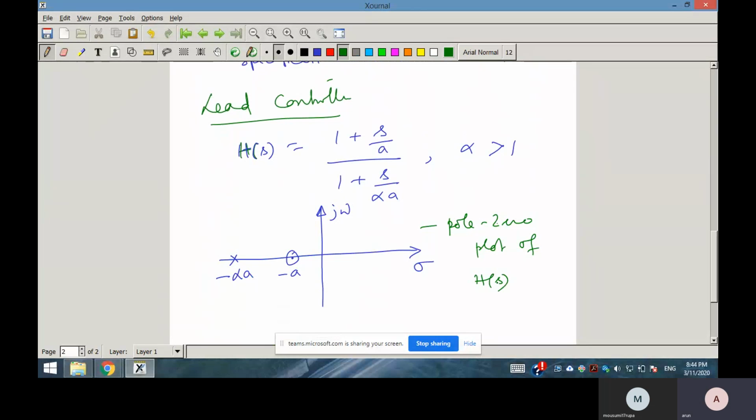Now in the lead controller, before that I should know what is the objective of a lead controller.